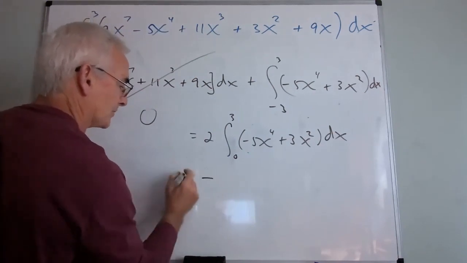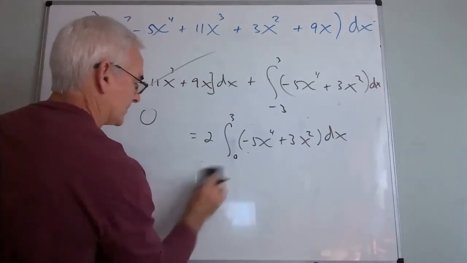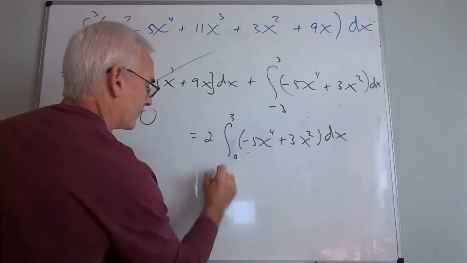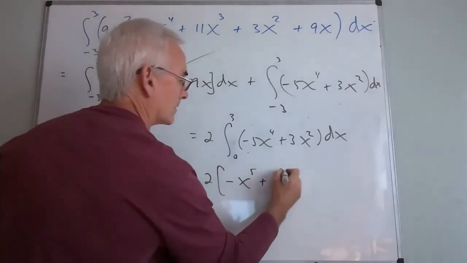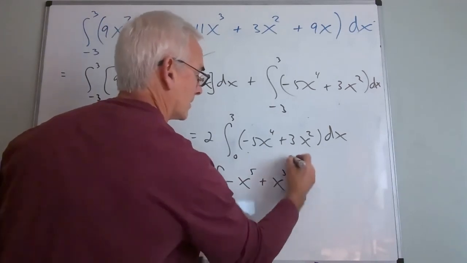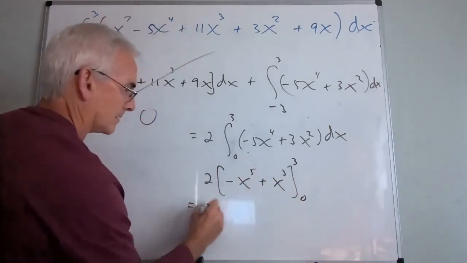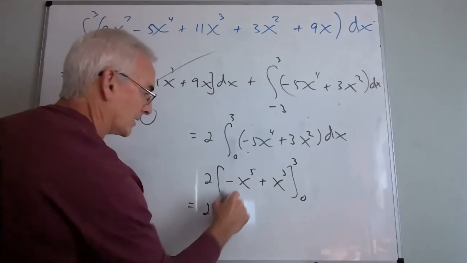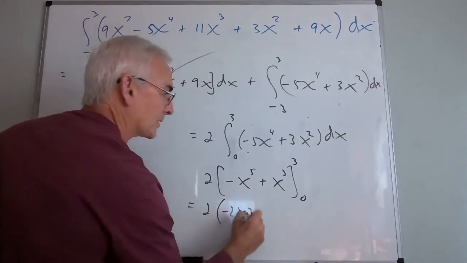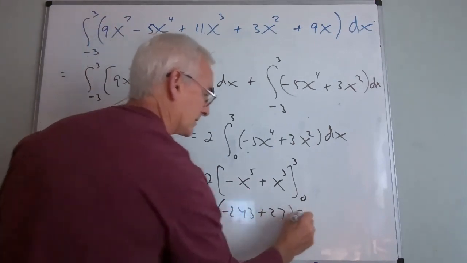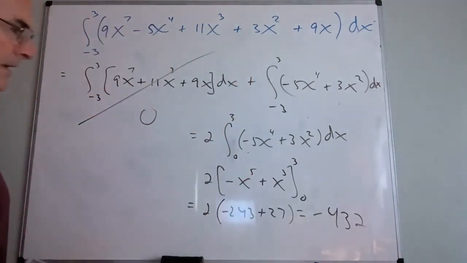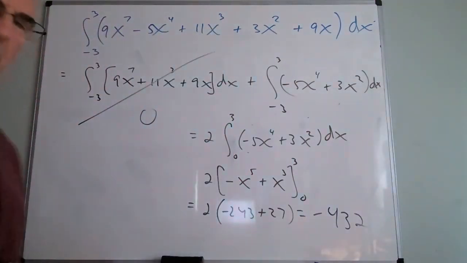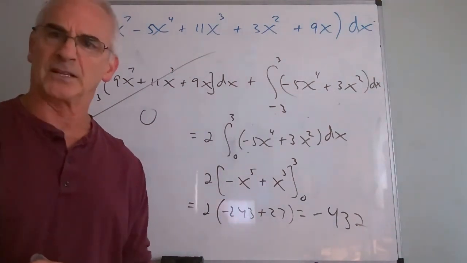Oh, sorry, put the 2 in front. Try that one more time. So that would be negative 243 plus 27. So it's negative 432. Hey, that's not ugly and it's not fractions, and it was actually kind of easy.